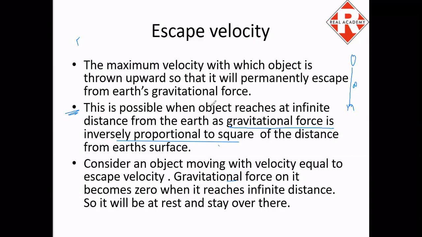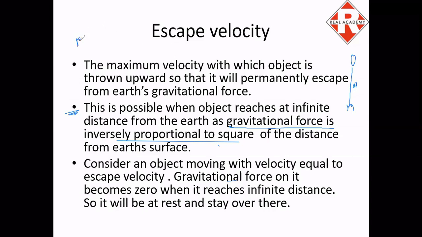So in that case, how do we find the escape velocity then? Consider an object moving with a velocity equal to escape velocity. We just understood what we mean by escape velocity. Okay, kitne maximum velocity se you have to throw that ball so that it escapes the gravitational pull of the earth for a permanent time, correct? The gravitational force on the particular object moving with escape velocity will become zero when it reaches the infinite distance, correct? We have done that already.